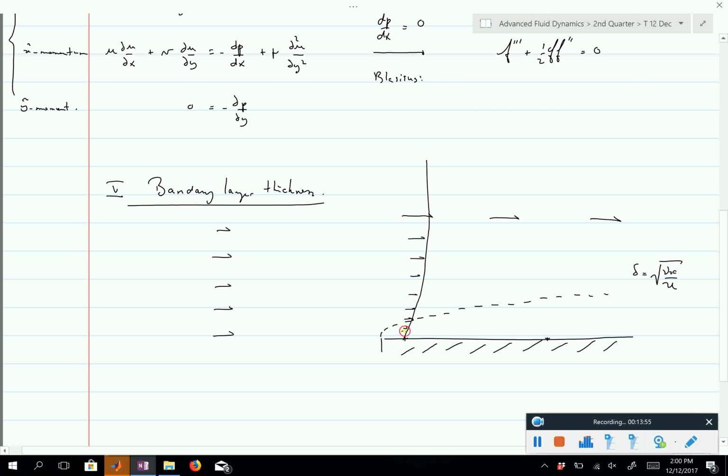Right, and at delta of x, this here is eta equals 1, or y equals delta. And so along this line, essentially you have the value for the Blasius solution, you have roughly 0.35 times your velocity outside. If you want, this is what delta represents, right?